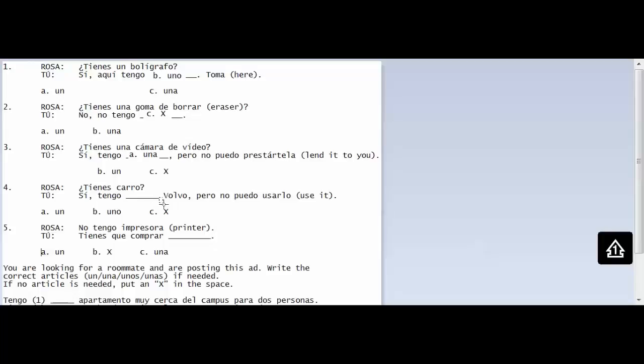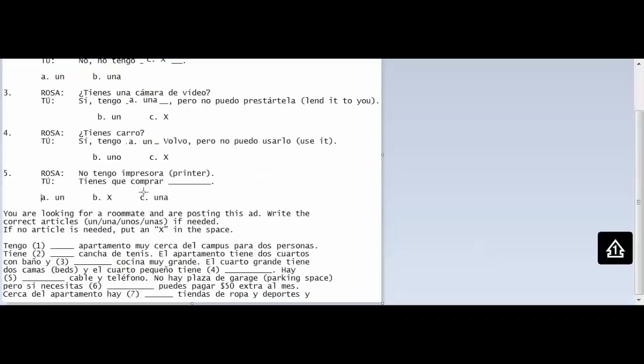Because it's an affirmative sentence, I would put uno: sí tengo uno. This time I can't use uno though, because I have a Volvo, so I need to use un. You can't use uno when your indefinite article is immediately preceded by a noun. You've got to shorten it to un.